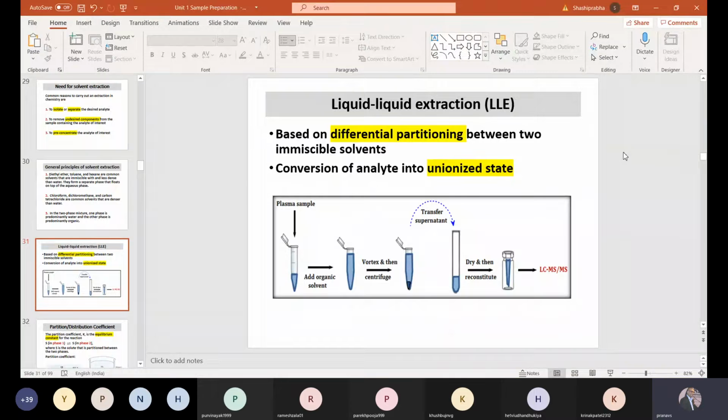But even if it is there, one can always convert it into its neutral form or unionized state, so that one can have greater partitioning between the two phases, and therefore greater efficiency for extraction.